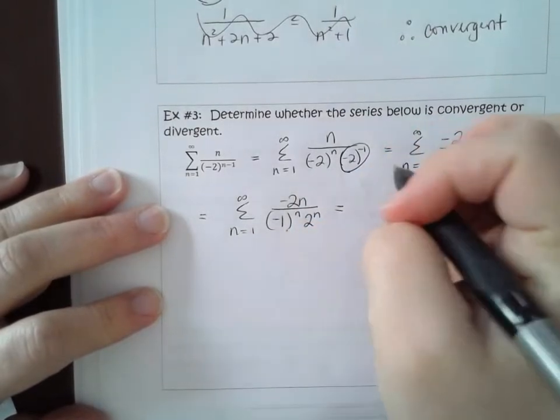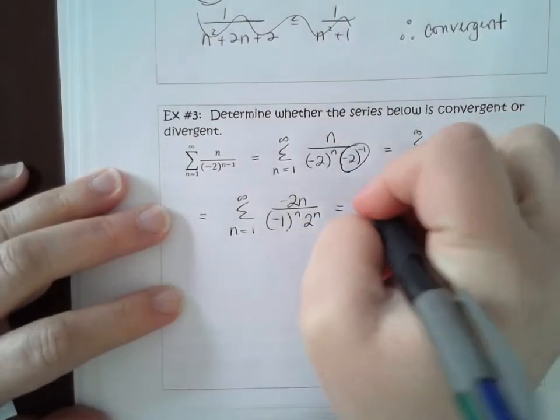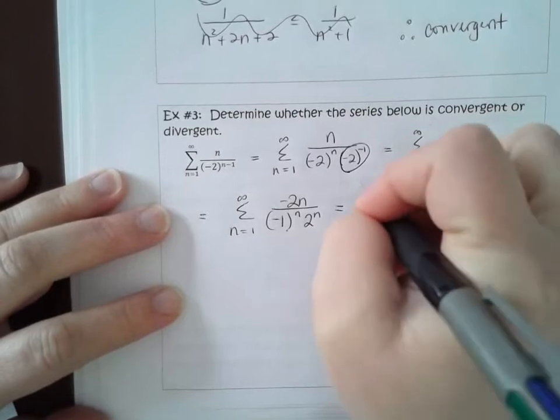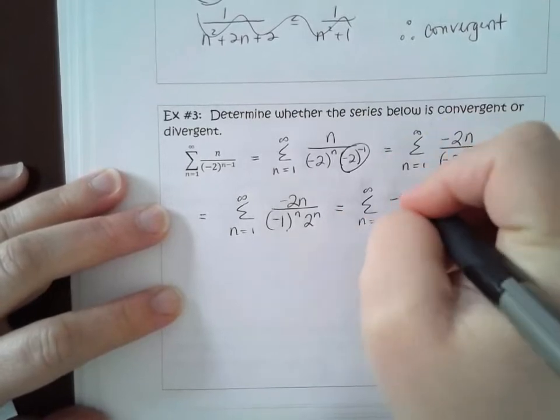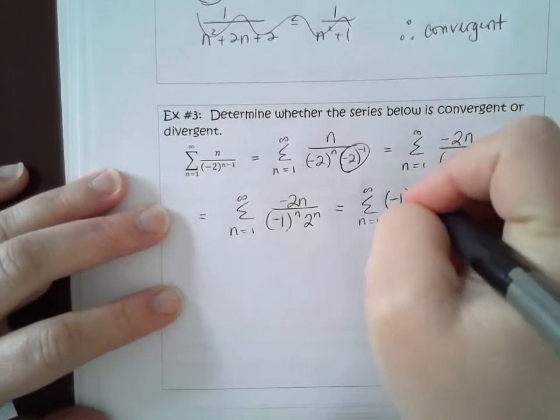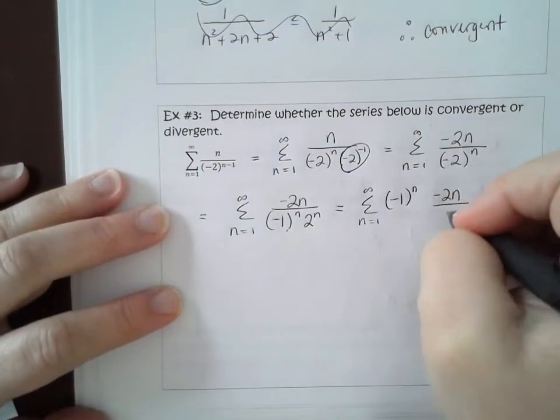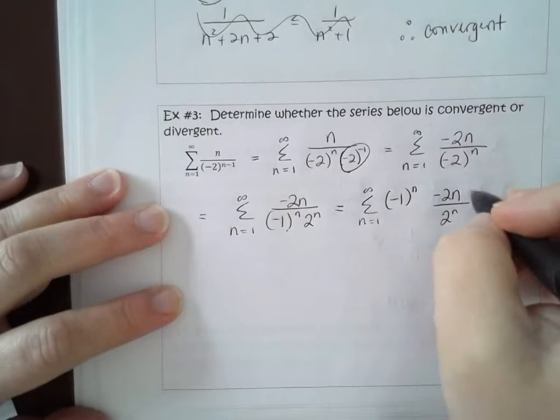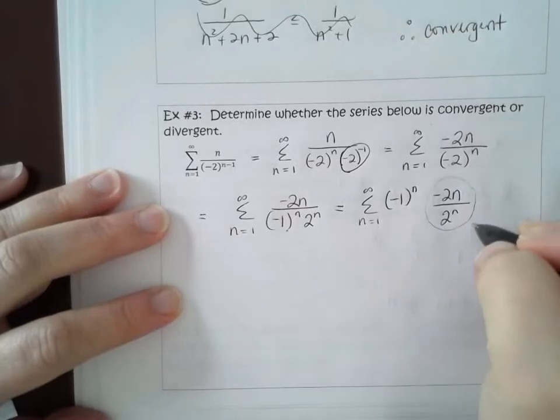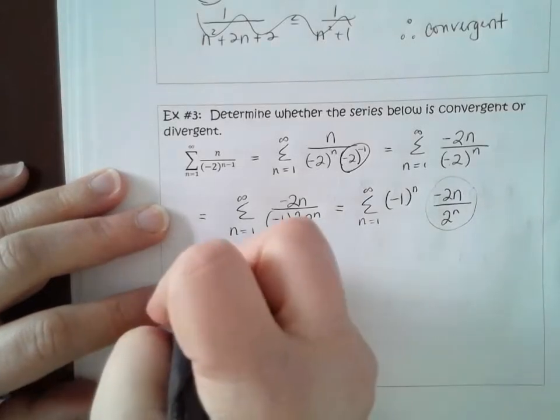So I'm going to bring it out front. Why not? Not out front of the entire summation or series, but I'm going to put it right there so that we can clearly see that this portion is the a sub n sequence or series that we're going to be looking at.